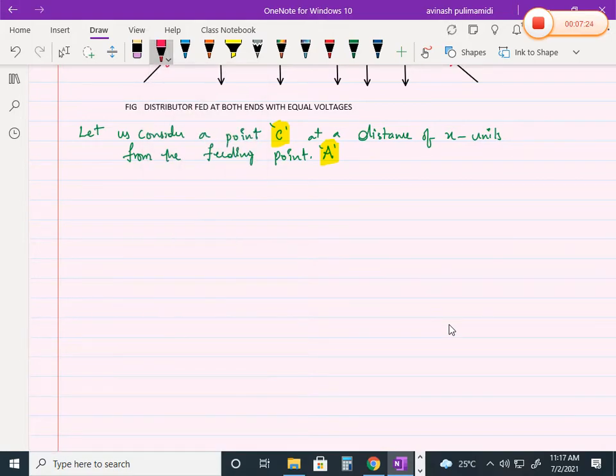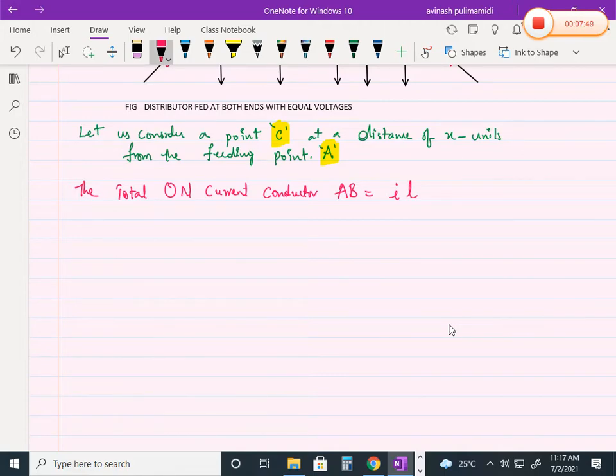Now let us find the total current on conductor AB. Total on AB is I into l.